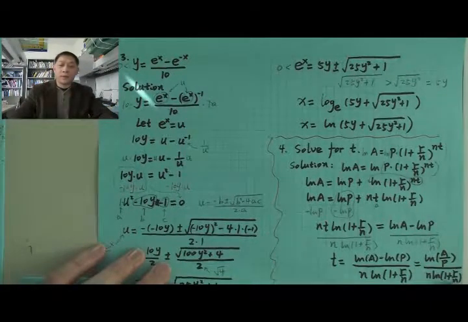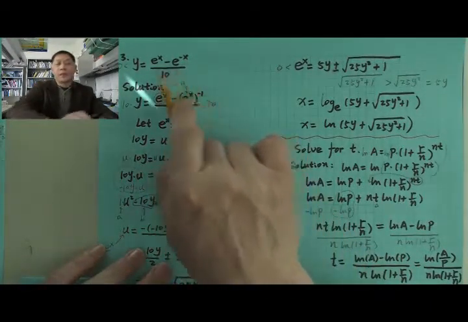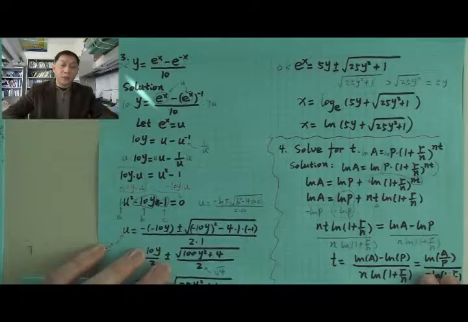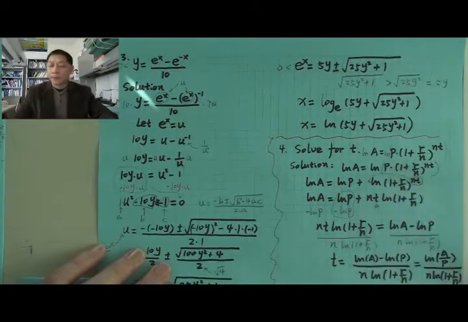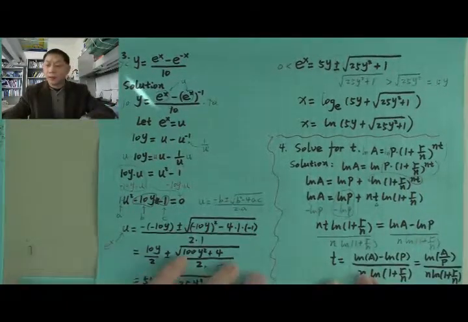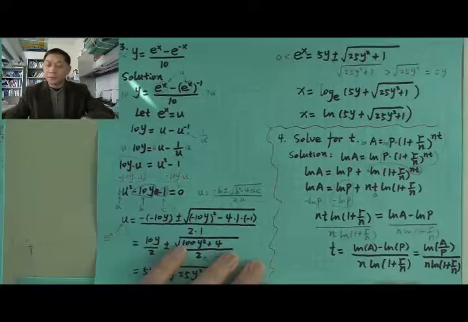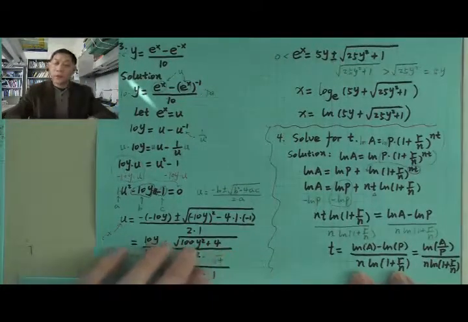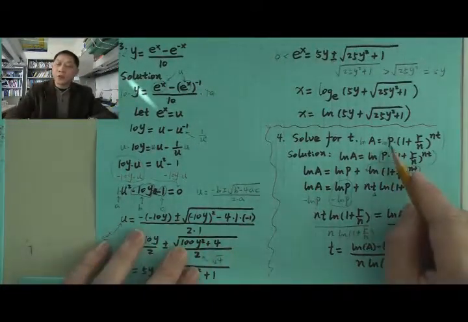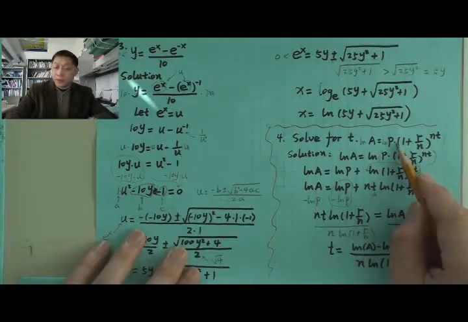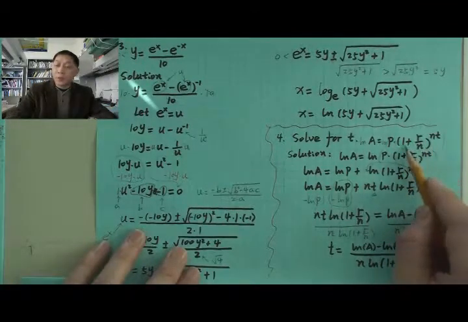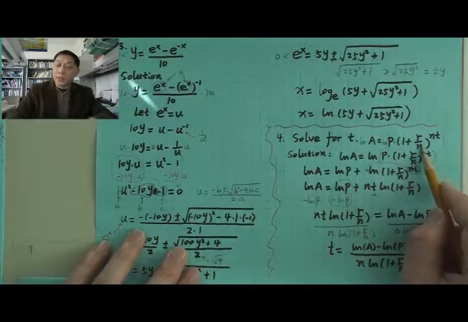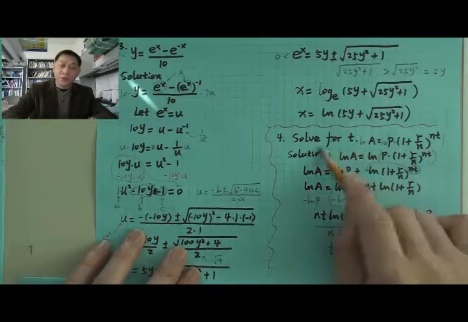Now, that was the exponential function, e to the x. Let's look at this one. It's A equals P times the quantity 1 plus r over n, this whole quantity to the nt. We want to solve for t.